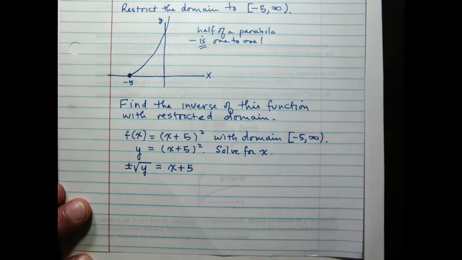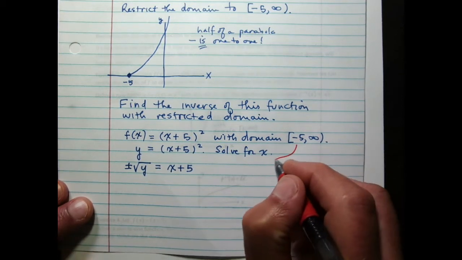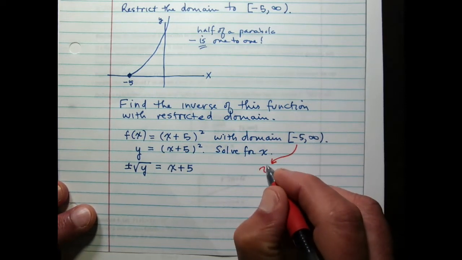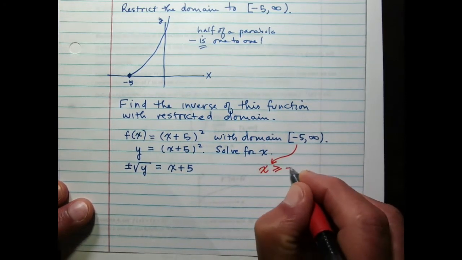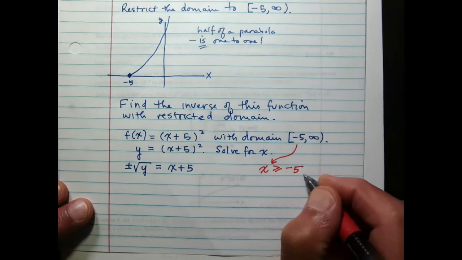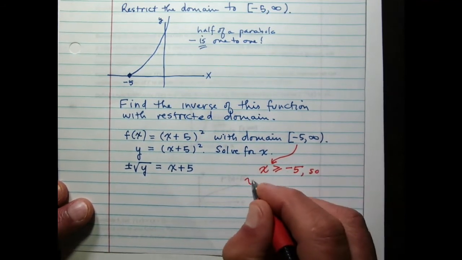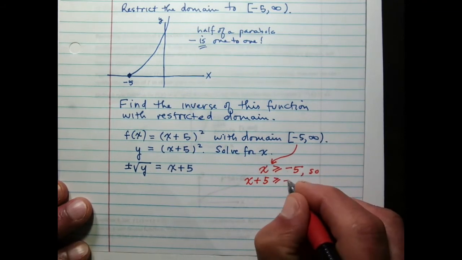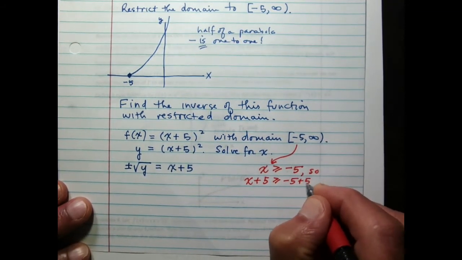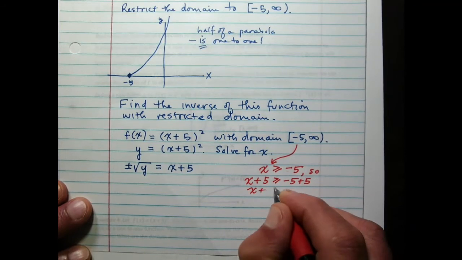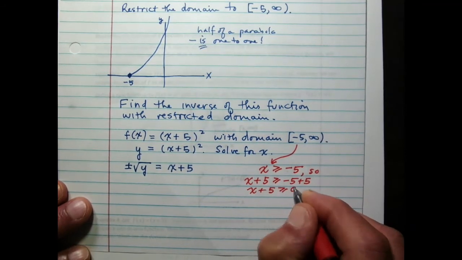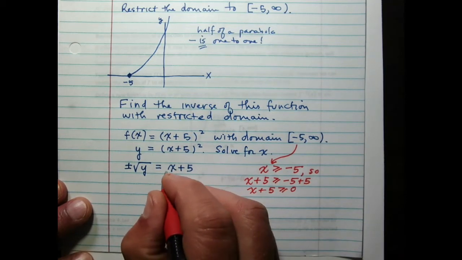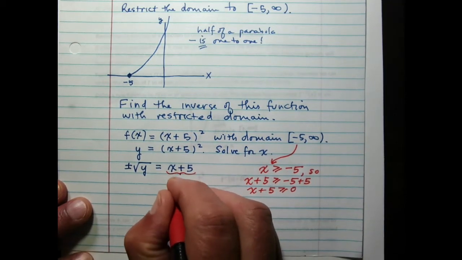So here's what's going on. Because the domain is restricted to this interval, x is greater than or equal to -5. So that means x plus 5 is greater than or equal to -5 plus 5. x plus 5 is greater than or equal to 0. So x plus 5 is positive here.